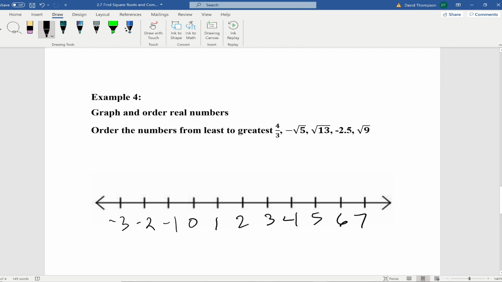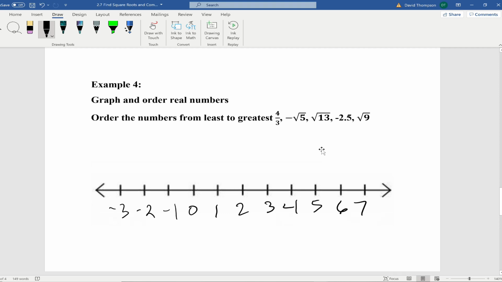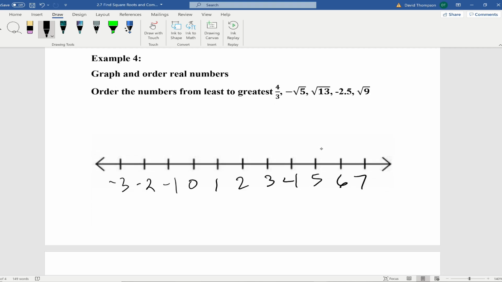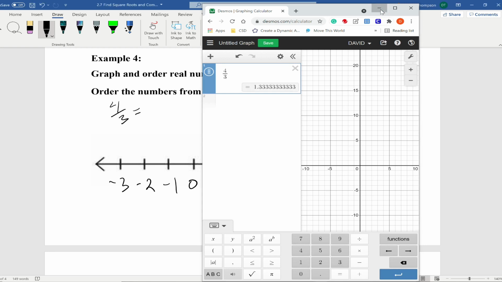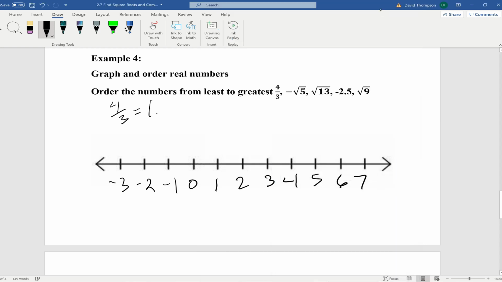So 4/3. We want some decimal approximations to make our life a little bit easier. So if we put 4 divided by 3 in the Desmos calculator, we get 1.333. So that's going to be between 1 and 2. So 4/3 is approximately here. That one's done.